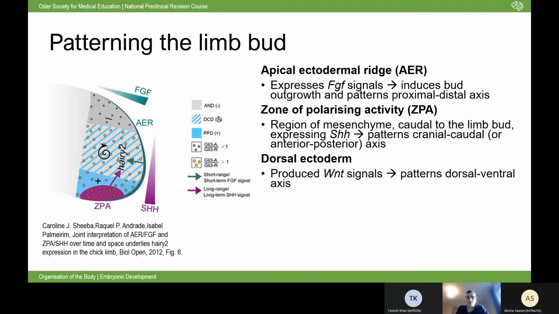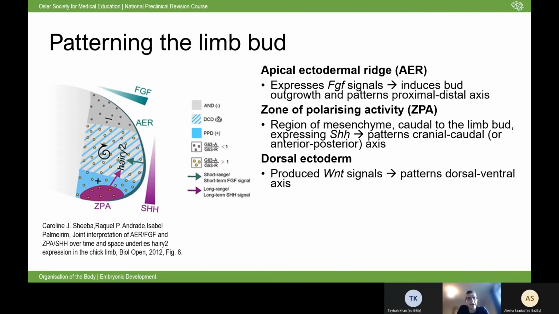This is a bit of a complex one to think about, but I think of it as it's positioned in your armpit, and then if you extend your arm out, it patterns from your little finger to your thumb. A low amount of SHH, sonic hedgehog, i.e. on the opposite side of the hand to the zone of polarizing activity, induces the formation of the thumb. And I remember this by saying that hedgehogs don't have thumbs.